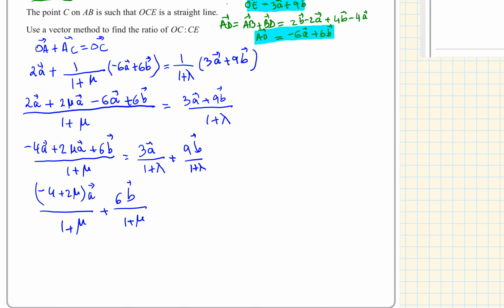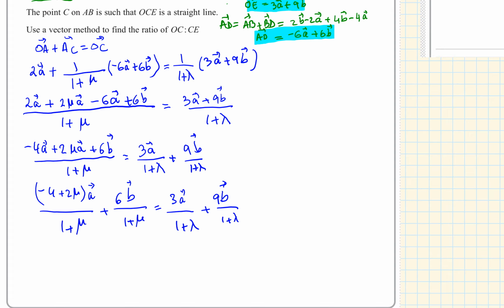These are all vectors, so that is equal to 3A over 1 plus lambda plus 9B over 1 plus lambda. Now I am going to equate the A part and the B part.